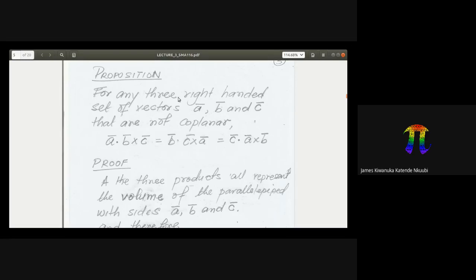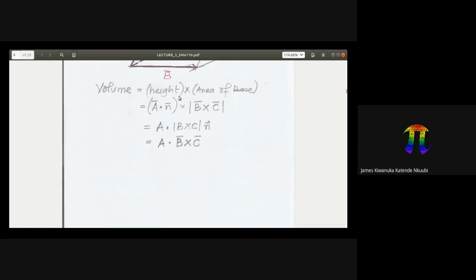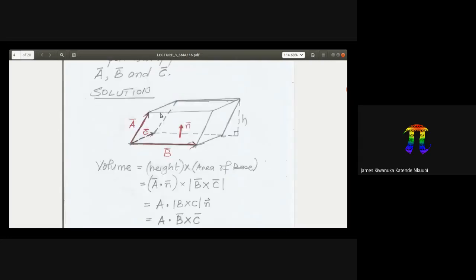Now, let's just go back a step. You can imagine if these 3 vectors, A, B, and C, are in the same plane, then the volume will be 0, right? If A is actually on the same plane as B and C, then the parallelepiped has no volume at all.